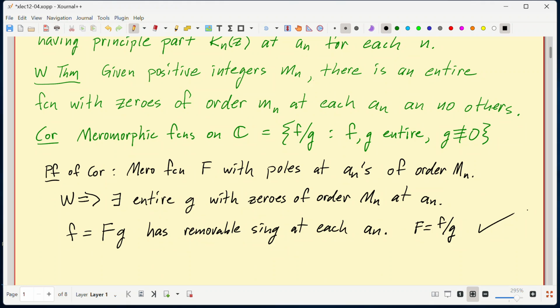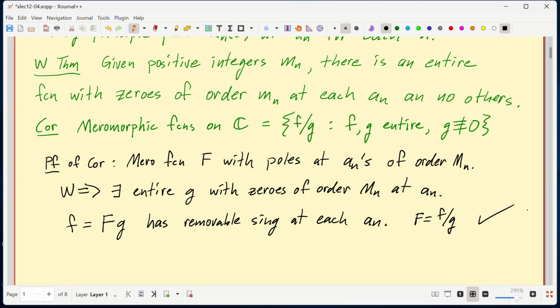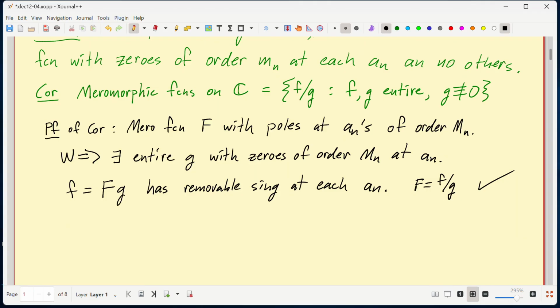Okay. Well, let me do the proof for the Mittag-Leffler. It turns out to be rather straightforward. So here is the proof of the Mittag-Leffler theorem first. Here's the trick. You'd like to say, I can just add up these principal parts.